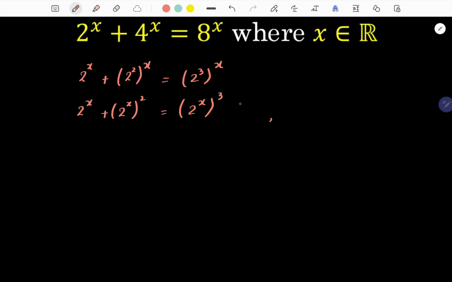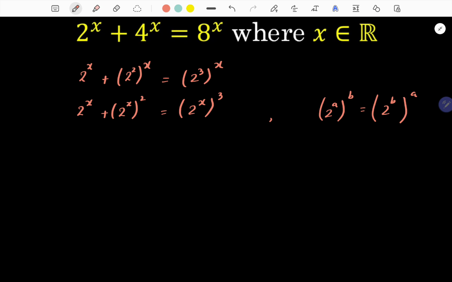As we know, we have used the property of real numbers: (2^a)^b can be written as (2^b)^a. These are the same when a and b belong to the set of real numbers.